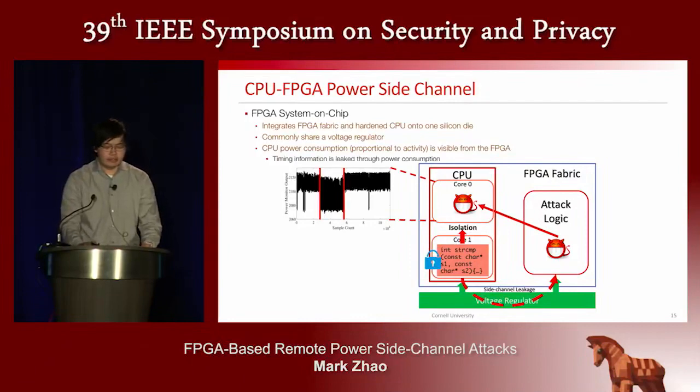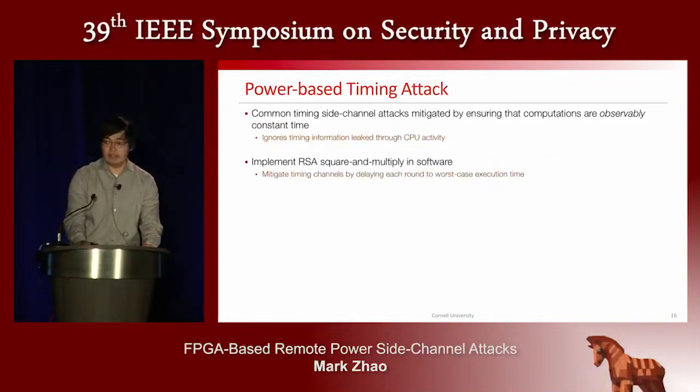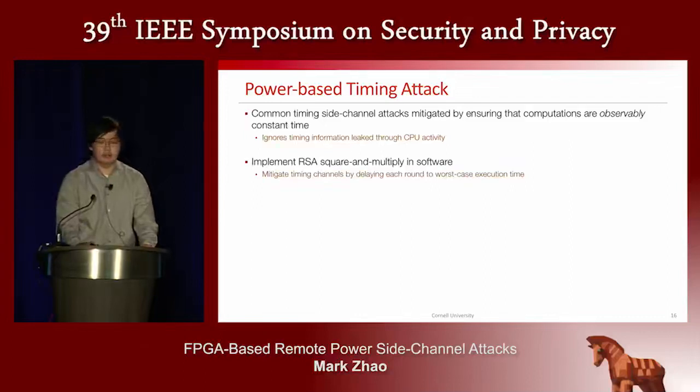And more so, we can see that timing information is leaked through the CPU activity itself. This is important because timing side channel attacks generally are built on variations in timing, and countermeasures generally assume that if computations are observably constant time, then there's no timing information leakage.